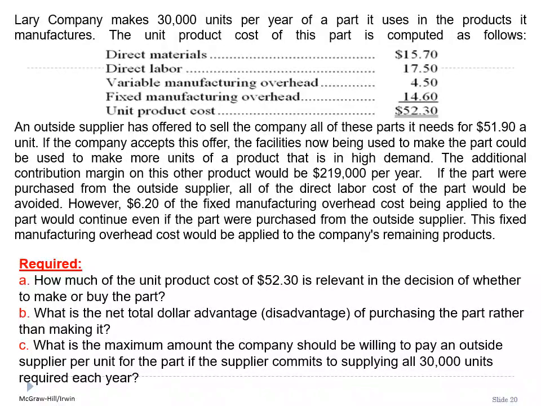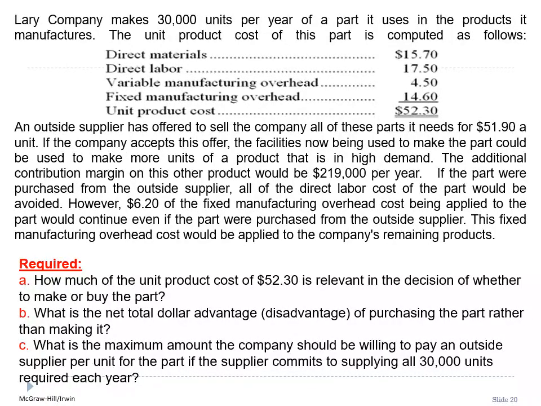a unit. If the company accepts the offer, the facilities now being used to make the part could be used to make more units of a product that is in high demand. The additional contribution margin on this other product would be $219,000 per year.